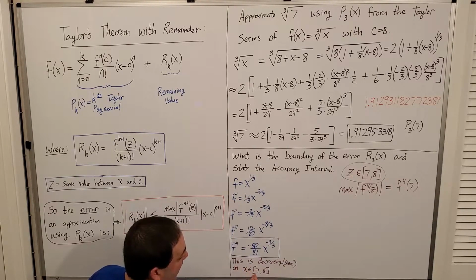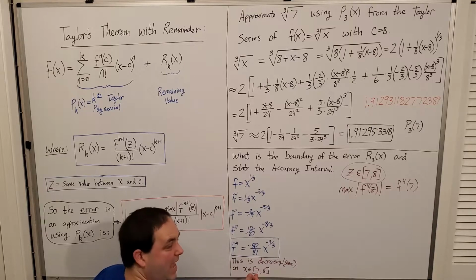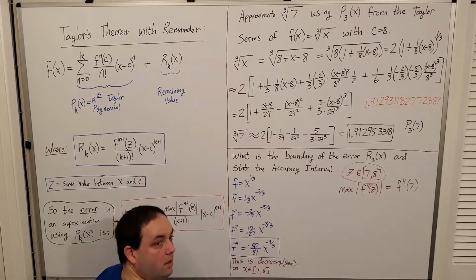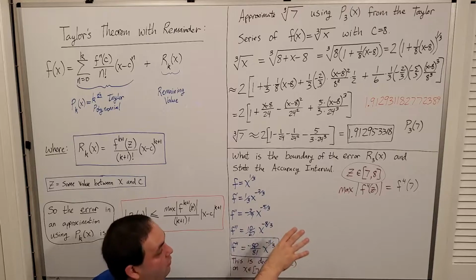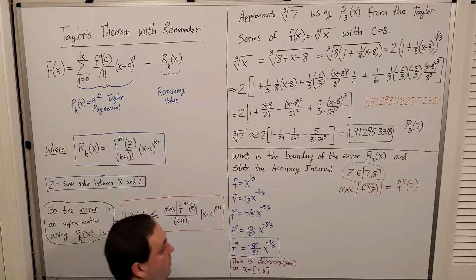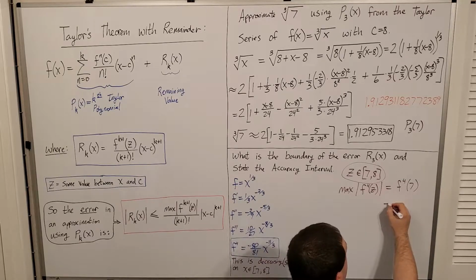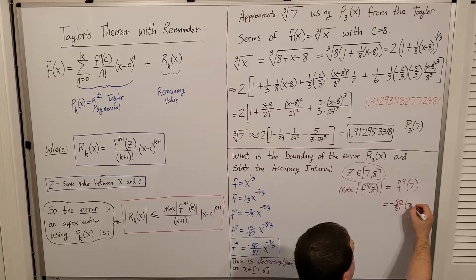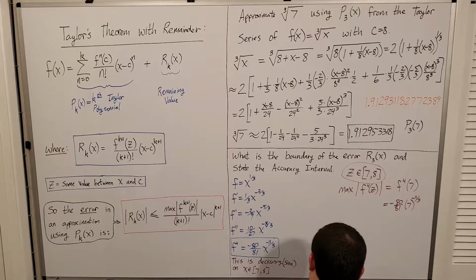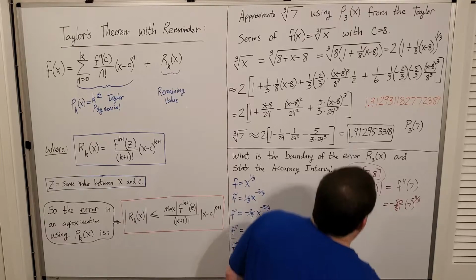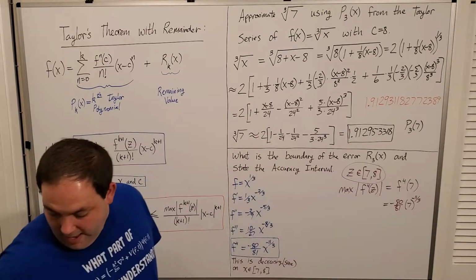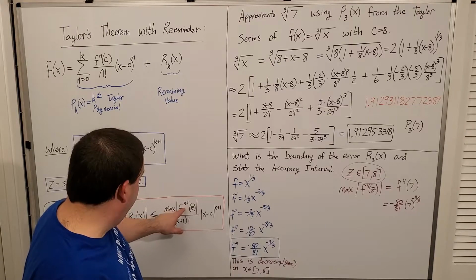That means I'm going to pick the smallest possible x. It's going to be the largest output value for that derivative. So that means this is equal to negative 80 over 81 times 7 to the negative 11 thirds. So that's my maximum output of the fourth derivative there.